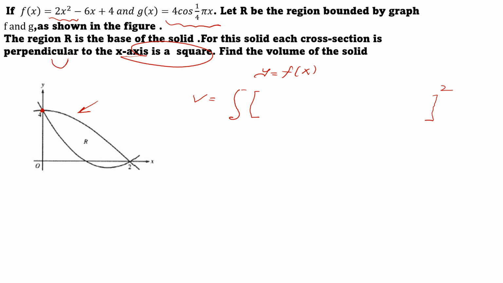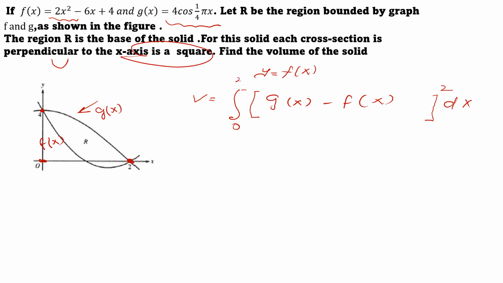So using these two important concepts, we can understand that g of x is on the top whereas f of x is at the bottom. Now we can write g of x minus f of x whole square, and dx. Now our points of intersection should also be from 0 till 2.